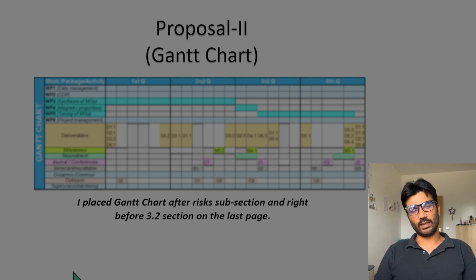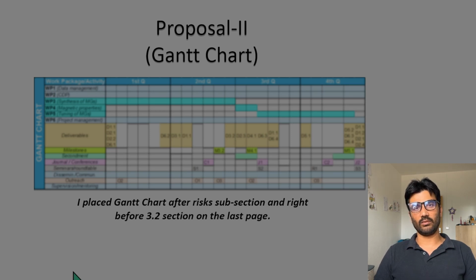I will come up with another video about the B2 section of the Marie Curie proposal. It has been asked in one of the comments that I should write something about B2. Although B2 is not part of the evaluation, it's important that you write the B2 section in a better way, so it's easier for the reviewers to go through it.